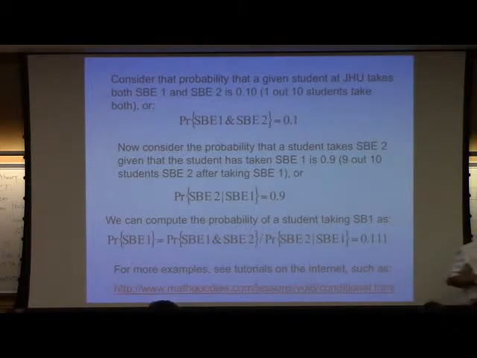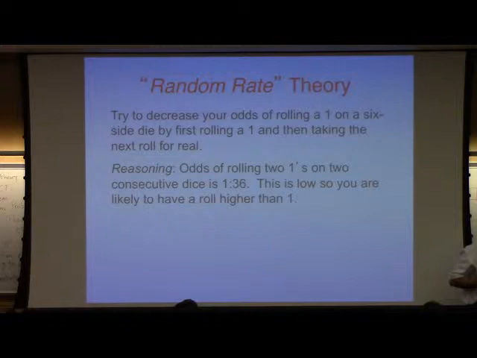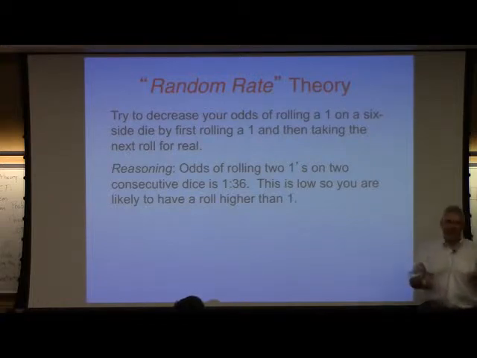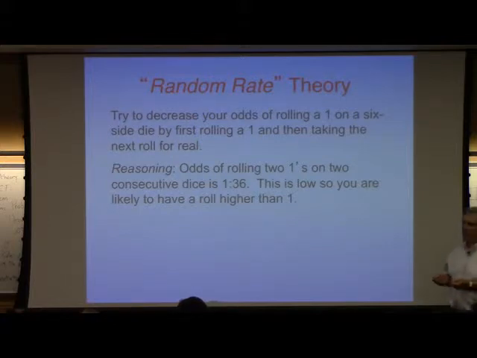The one I will talk about is something from when I was in high school and we were playing Dungeons and Dragons. I had this friend, and usually you want to have a higher roll. So he had this thing called random rate theory, which is basically the idea that the odds of rolling two 1s is 1 in 36. So what you want to do is roll the die until you get a 1, and then you say, I'm going to take the next roll.